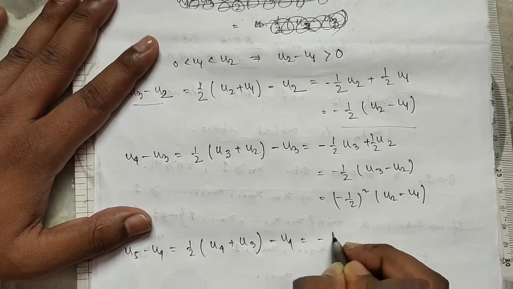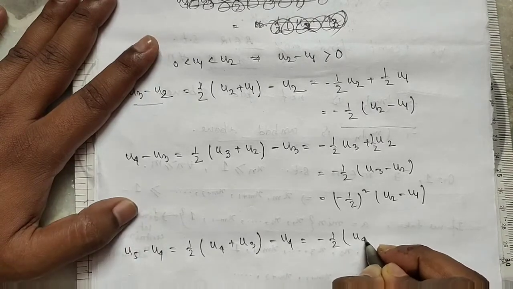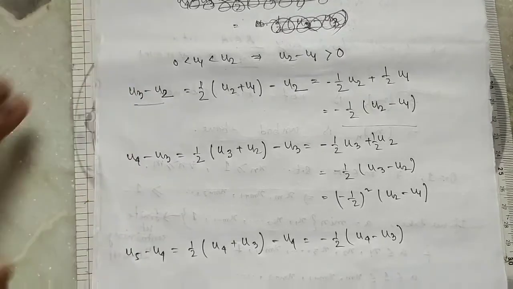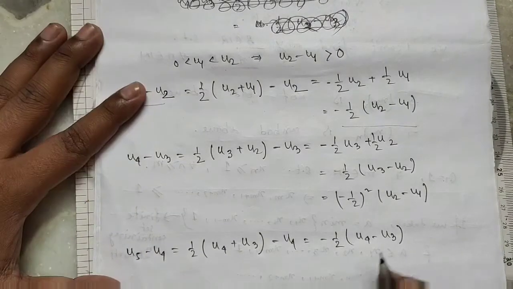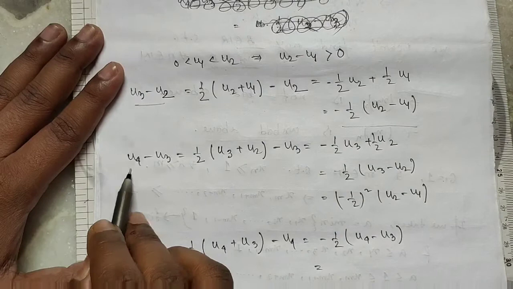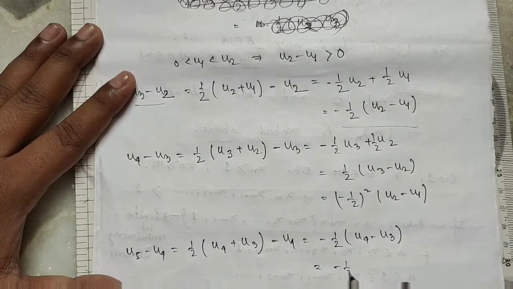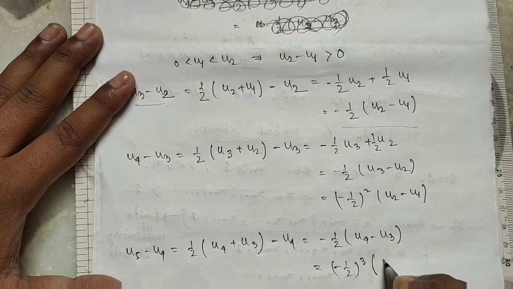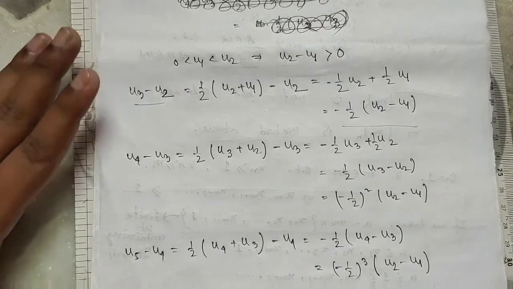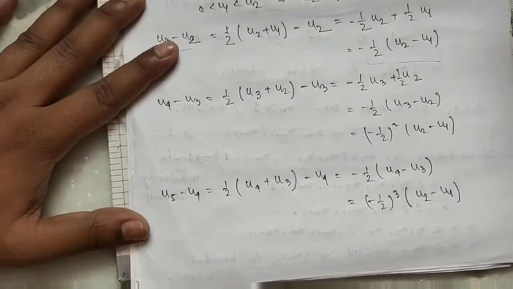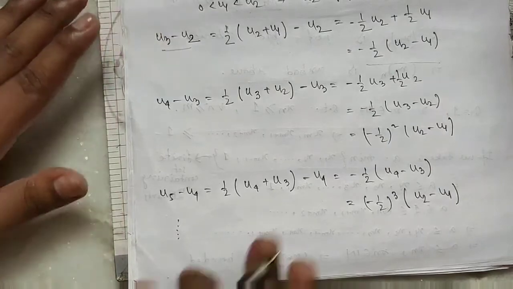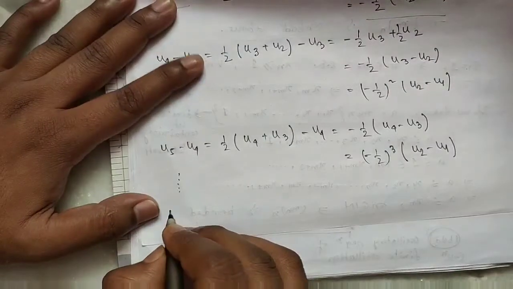This is equal to minus half of (u4 minus u3). If we put this value, we have minus half whole cube into (u2 minus u1). Similarly, we continue this process.